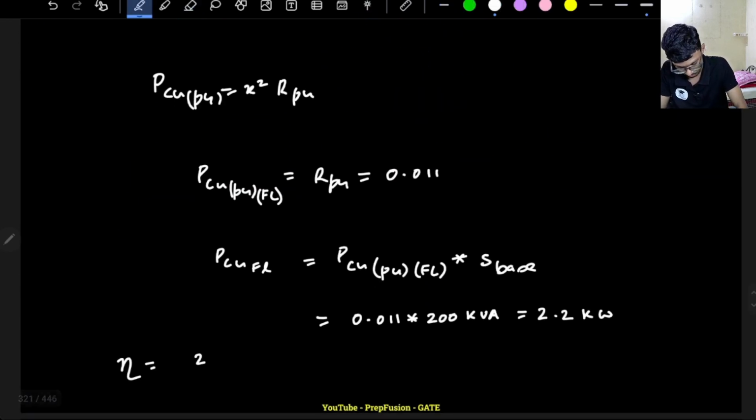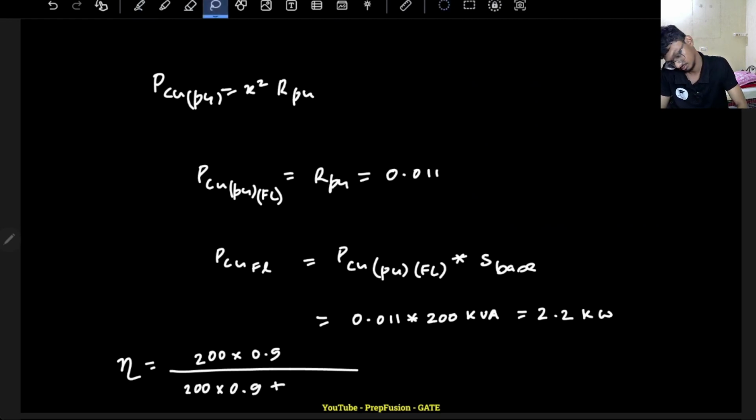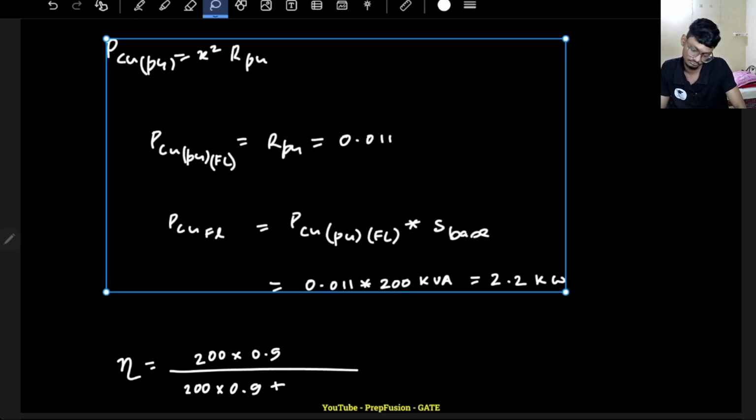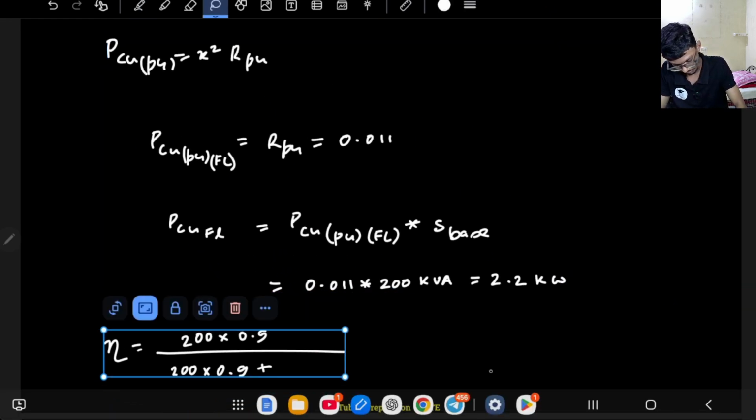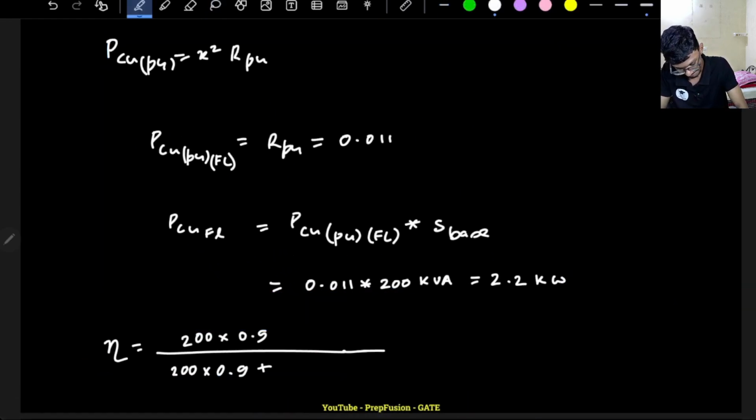X is 1, right? It is full load, into cos phi is 0.9, divided by 200 into 0.9 plus the full load copper loss, that is 2.2 kilowatt, plus the core loss, that is 1.8 kilowatts.